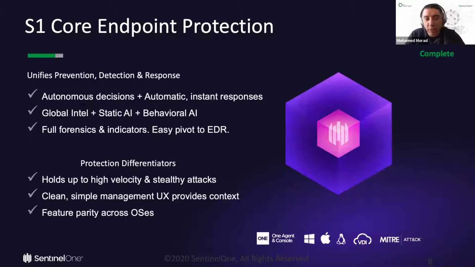The first one we would like to start with is the core, which is the basis of our agent-side technology that unifies prevention, detection, and response for Windows, Mac, and Linux. Our technology features fully autonomous code that is equally effective online and offline, which is so important today with the disappearance of the traditional perimeter.